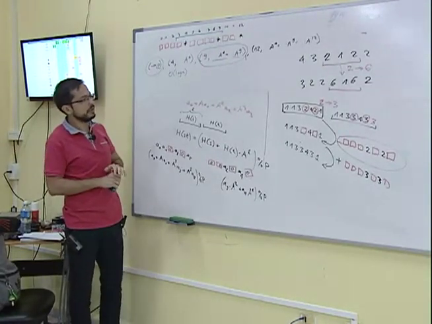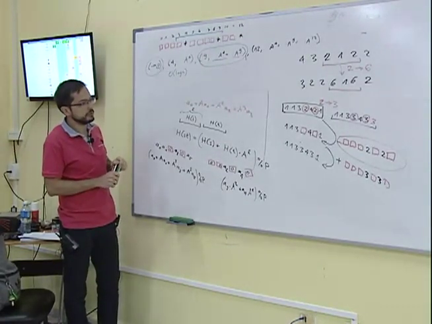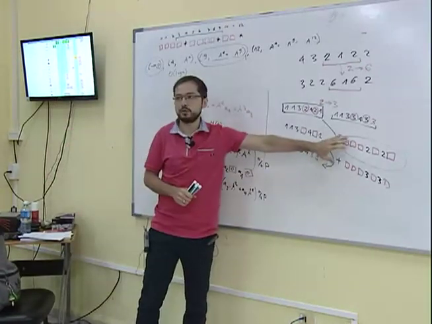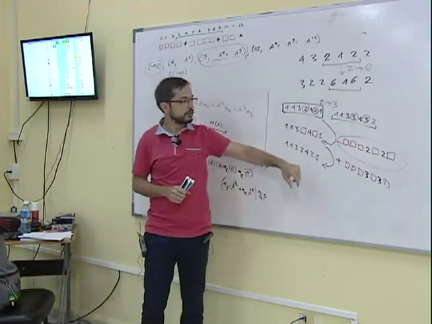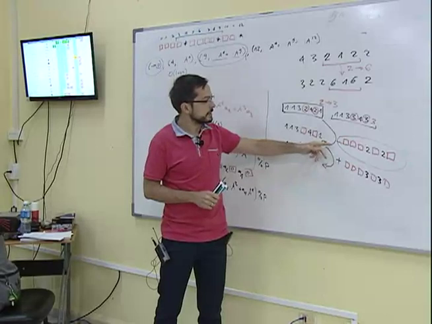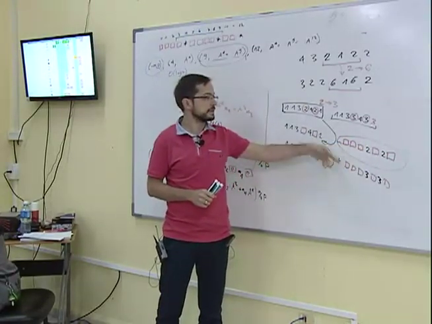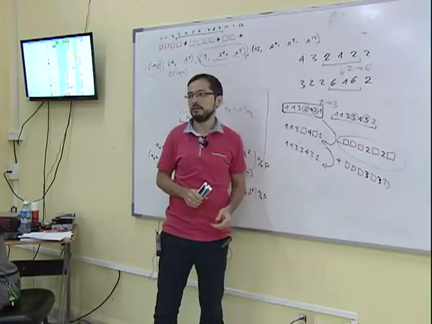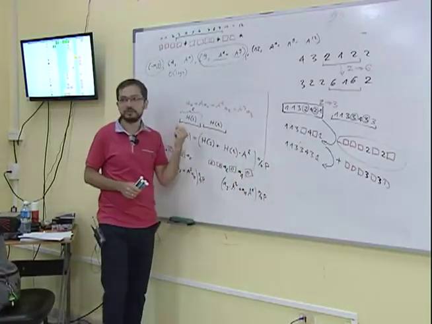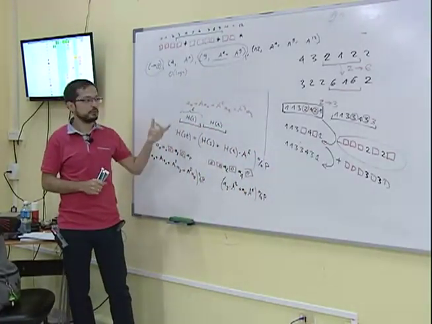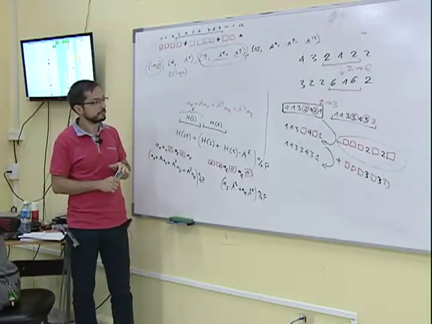Of course, you can be even more clever and compress these two operations into one, because subtracting 2 everywhere and adding 3 everywhere is just the same as adding 1, because you just add 3 minus 2. So we can even do it in one pass.